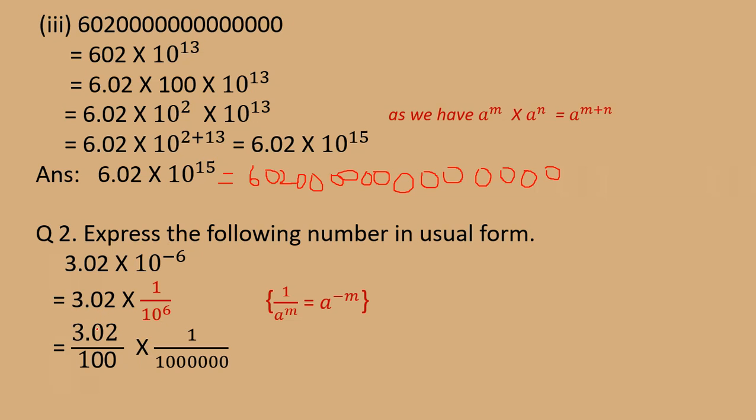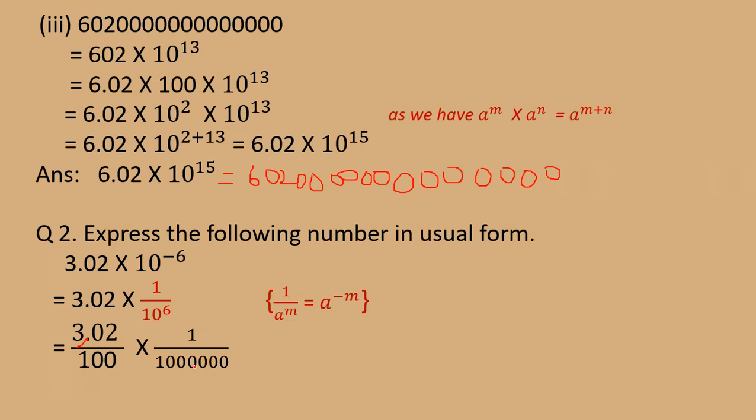When we write 3.02 in fraction form by removing the decimal, it becomes 302 upon 100, into 10 raised to the power 6, which we can express as 1 followed by 6 zeros.